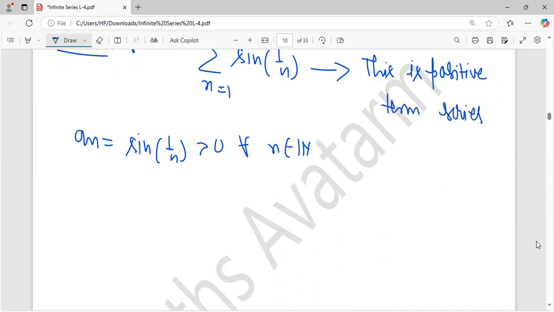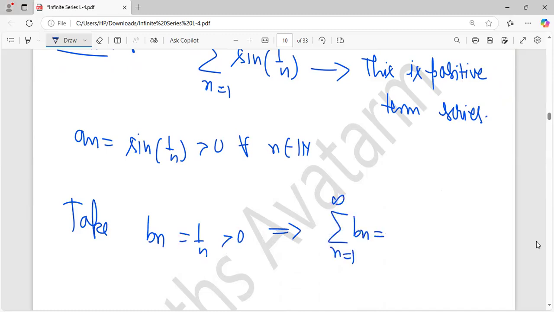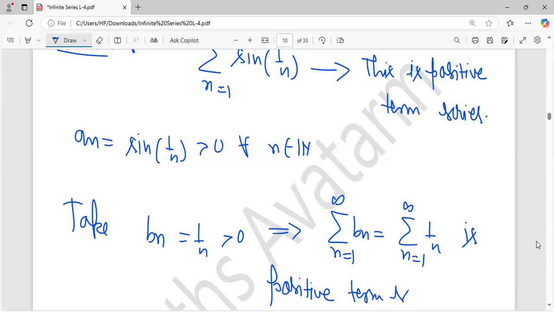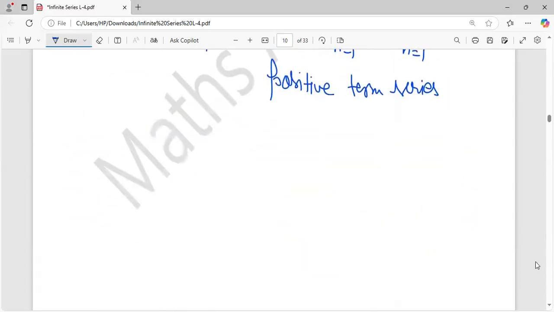Now take bn is equal to 1 upon n, that is greater than 0. This implies this series bn, summation n goes to 1 to infinity, is a positive term series. And we know that this series, summation n goes to 1 to infinity 1 upon n, is divergent.